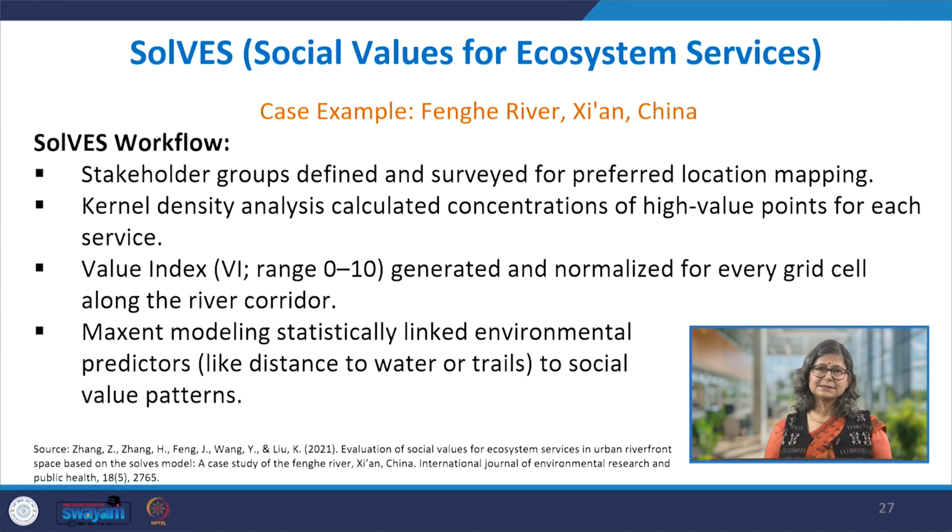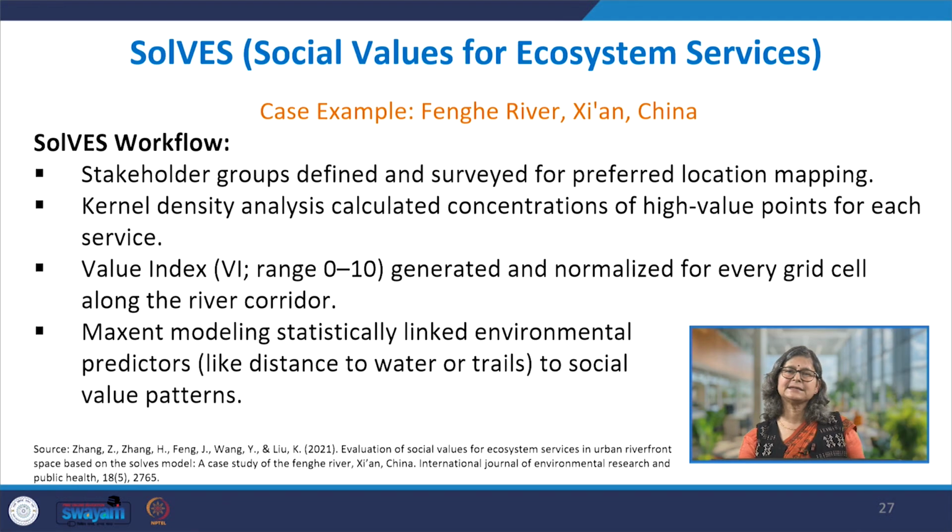A value index, which shows what society is actually contributing, was generated and normalized over every grid cell along the river corridor. And then next, those value-indexed data were brought onto the Maxent modeling platform.